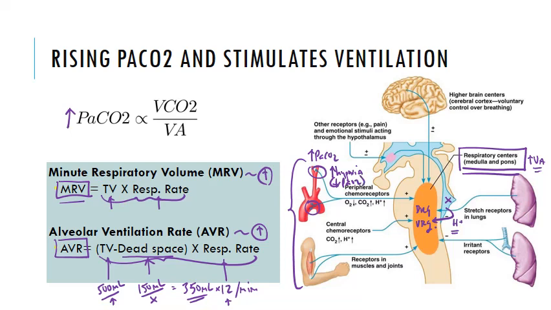I'm kind of artificially separating out carbon dioxide and oxygen just to make some specific points, but just be aware that the aortic body and the carotid body is exquisitely sensitive to hypoxia, which I'll be able to talk about in the following lecture.